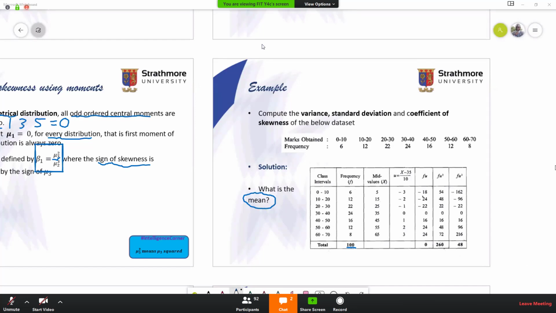Now the problem is that we normally confuse mu and U. That's just a U. We can use a V, a T, a W, just any letter. So for that column, you've done x minus 35 over 10. Why over 10? Okay, I'll explain.